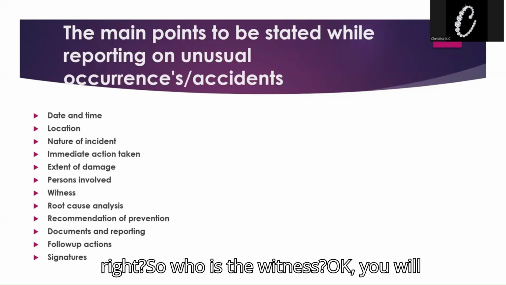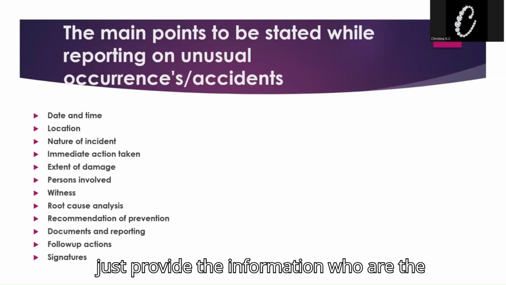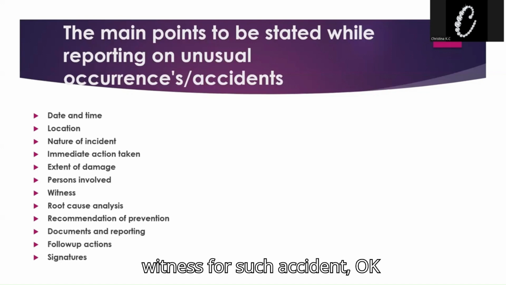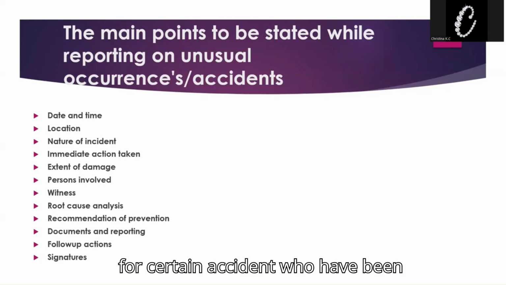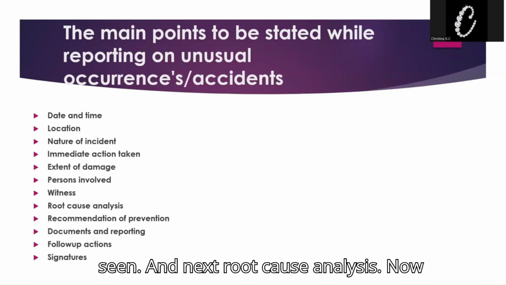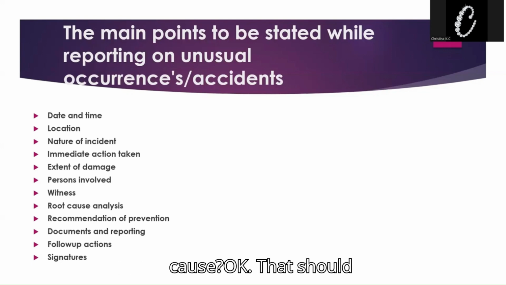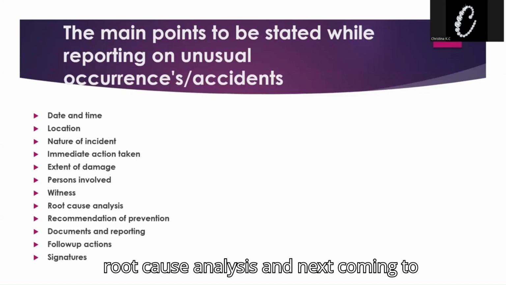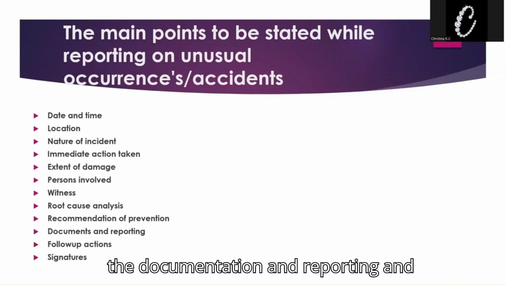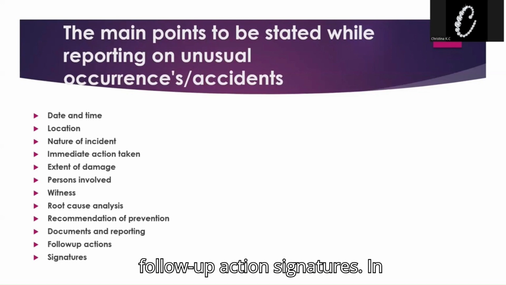So, who is the witness? You will provide the information on who are the witnesses for such an accident, who have seen it. And next, root cause analysis. In this root cause analysis, what is the cause? That should be discussed in this root cause analysis. And next, coming to the documentation and reporting and follow-up action signatures.